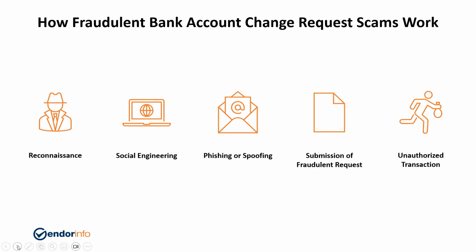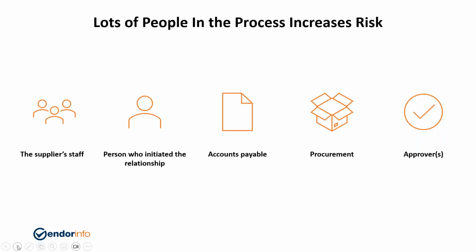They'll do phishing schemes to try and collect information, to hack into a supplier or stakeholder's email where they're able to glean any information they weren't able to find through the web or the dark web. And then once they have all the information they need to perpetrate a scheme, now they submit a fraudulent bank account change request. In many cases, it's hard to discern these from legitimate bank account change requests. And once we've been tricked, well, that money ends up in the wrong hands and it's quickly swept away, typically to a far off bank where it's hard to recover.